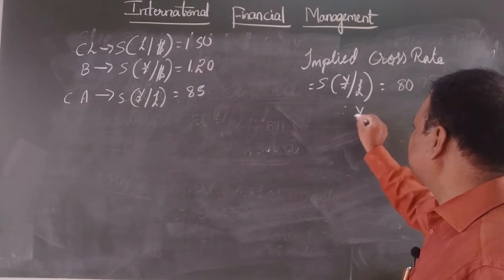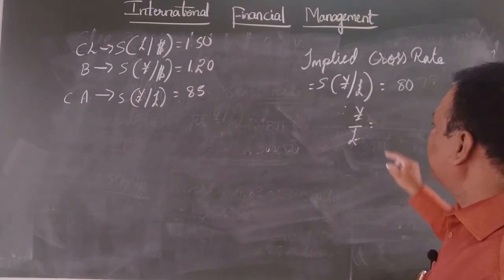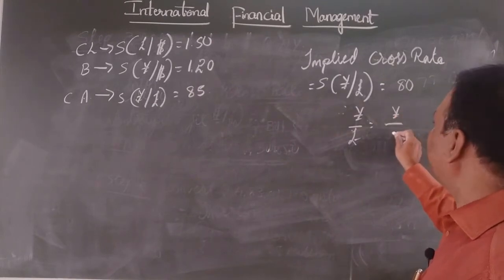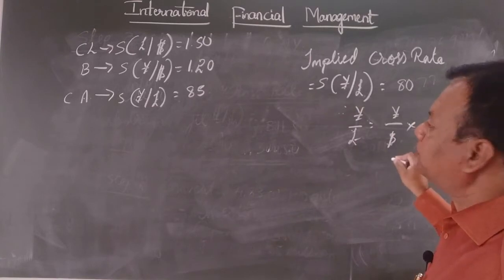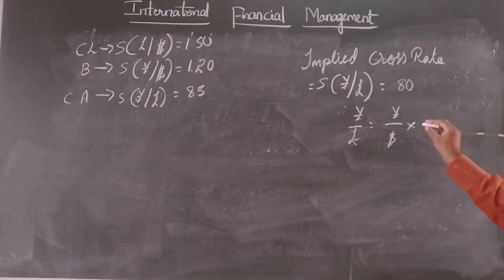Let me show it. Yen by pound is equal to yen by dollar into dollar by pound, so that the dollar gets cancelled and we have yen by pound.